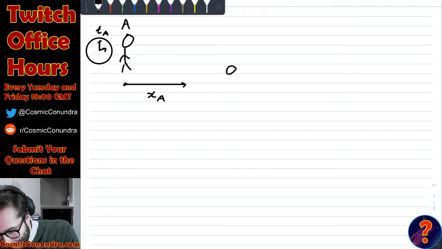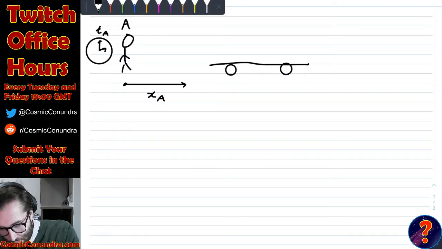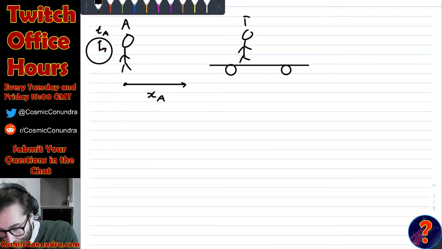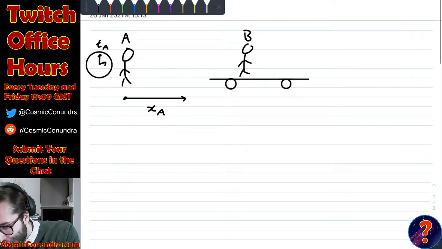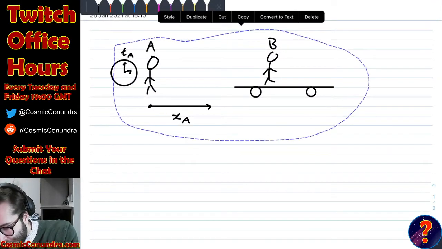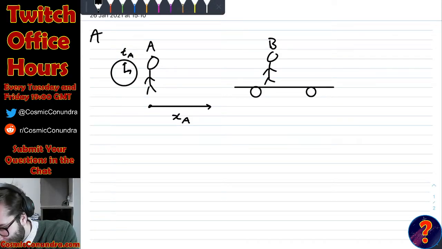And remember, we had this other person that was on some sort of train or cart, which imaginatively we're going to call person B. And they've got their own clock, but at the moment this is drawn from A's perspective. So I just want to draw what person A will see.